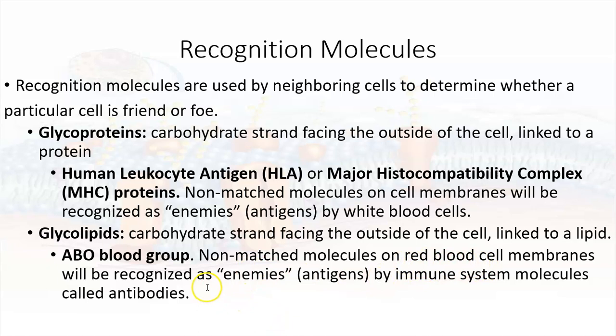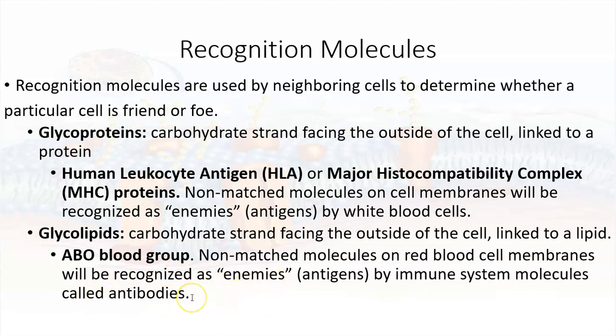And basically what happens is if that glycolipid doesn't match the expectation of the immune system, it will be recognized as an enemy. Now, when your immune system recognizes something as an enemy in this way, we refer to it as an antigen, and the immune system then builds up molecules to try and attack it, and those molecules are called antibodies. So the antibodies attack the antigens.